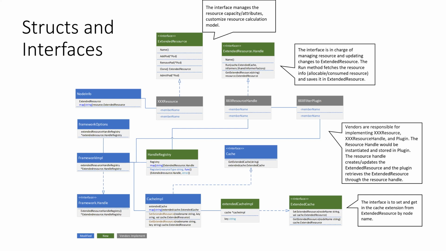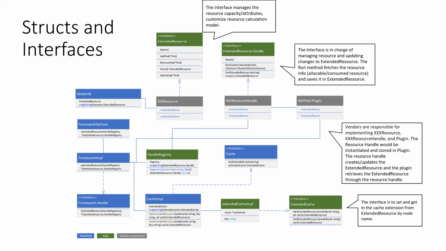And the extended resource interface is an interface that manages the resource accounting method through the add pod and remove pod methods. The scheduler plugin developers or the resource vendors can customize their resource attributes and their accounting methods by implementing the extended resource interface.